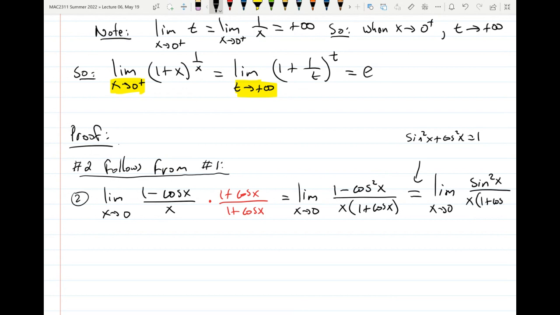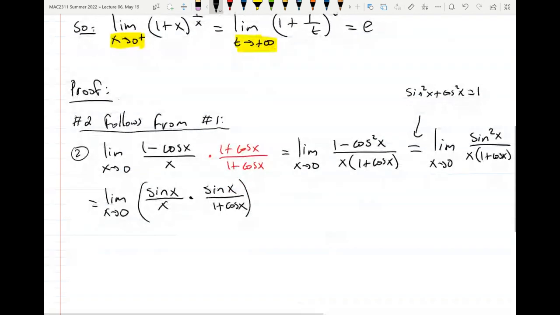And now we can go ahead and separate this. So this is the limit as x approaches 0. I can write this as, sine squared is sine times sine, so we can write it as sine x over x times sine x over 1 plus cosine x. And now we can use the property that the limit of a product is the product of the limits, provided that both limits exist.